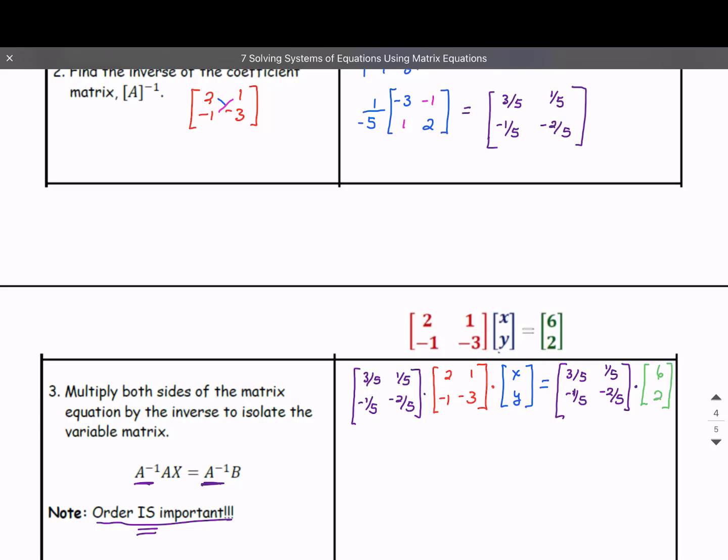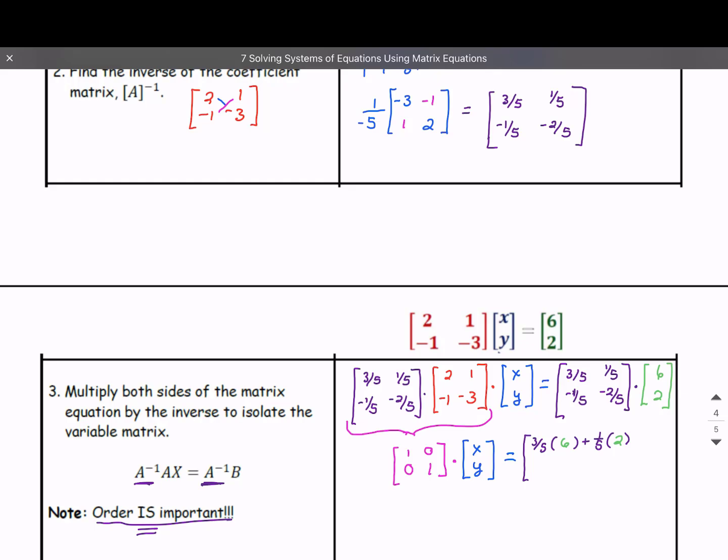Now we have a little bit of work to do. The first thing is we know that a matrix times its inverse is always the identity. So the product of these two matrices is 1, 0, 0, 1 times, we still have the variable matrix xy, equals, now we need to do a little bit of work on the other side here. First row, 3/5 times something plus 1/5 times something, and our somethings are the 6 and the 2.